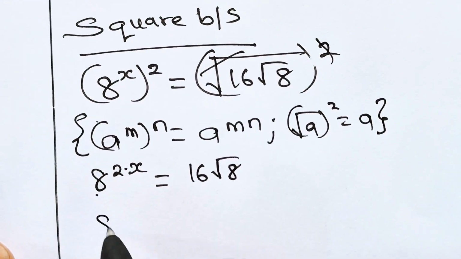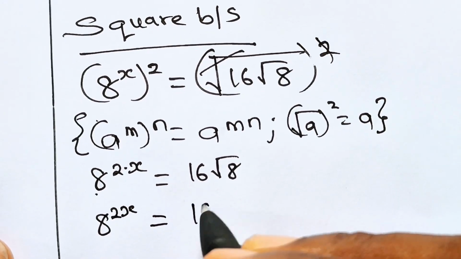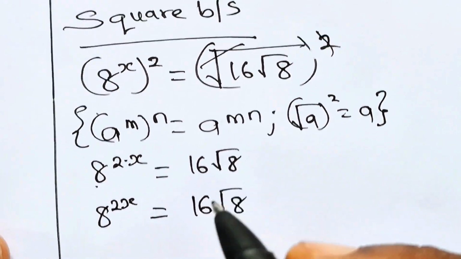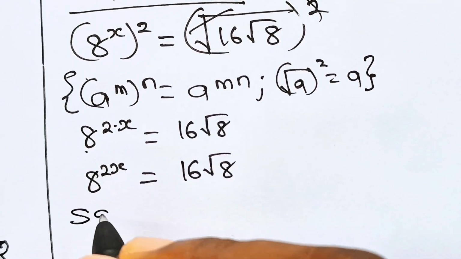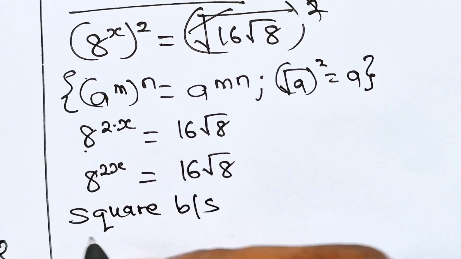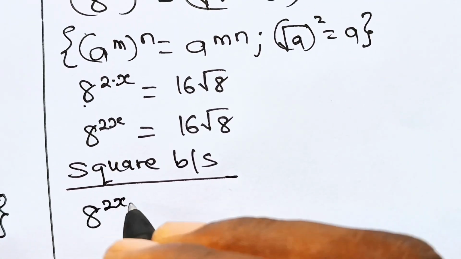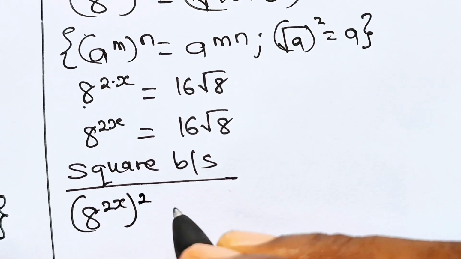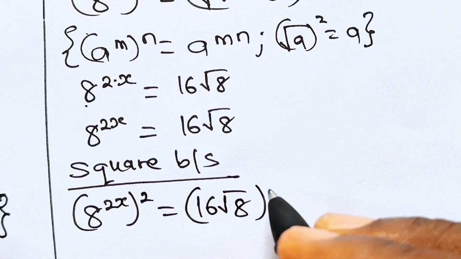Now 8 raised to the power of 2 times x is 2x is equal to 16 root 8. Now we still have square root here, so we square both sides again. So if we do that, we have 8 to the power of 2x squared is equal to 16 root 8 squared.